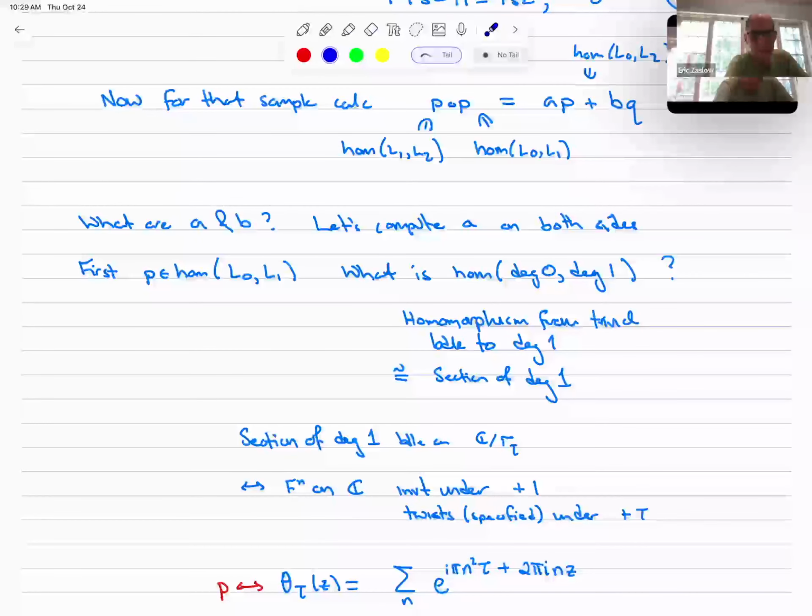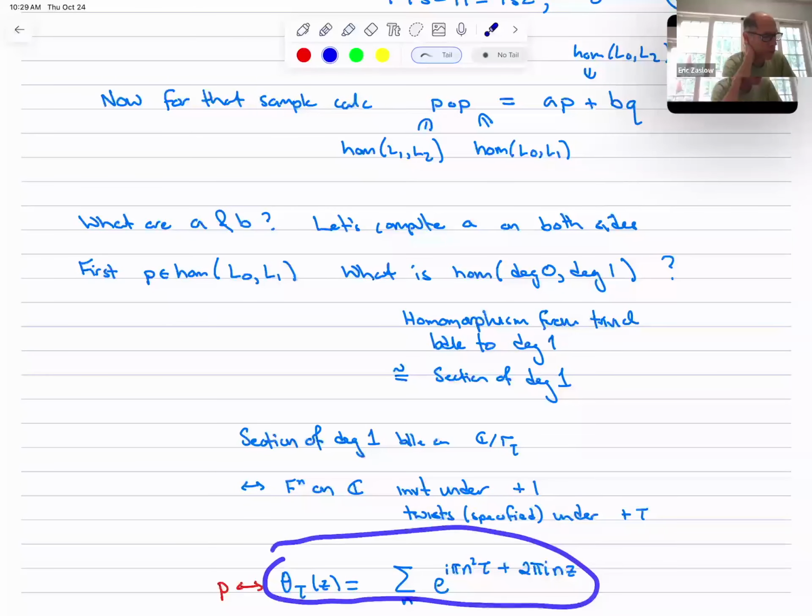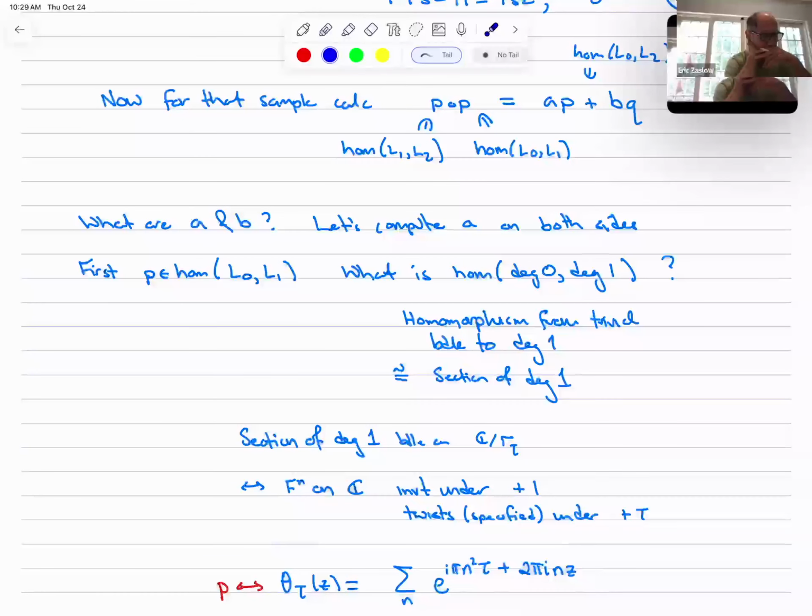But there's one of them. Up to scaling, there's a one-dimensional space of such functions, sections of a degree 1 line bundle on this, it's called an elliptic curve, this complex plane quotient by a lattice. And here it is. That's a formula for it.